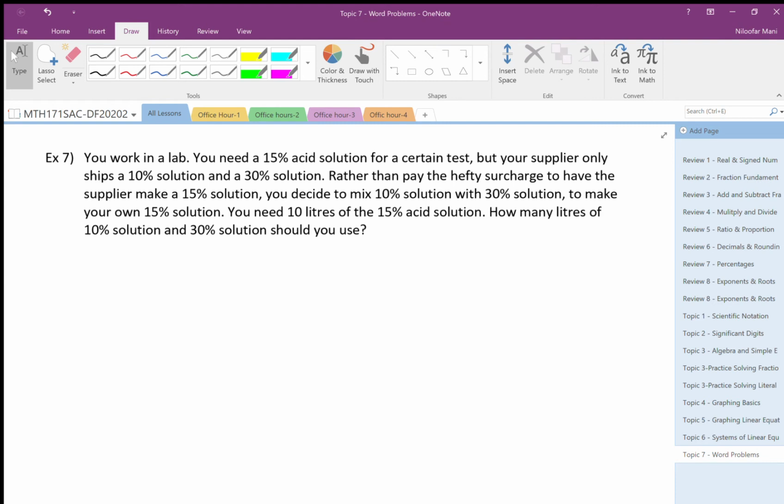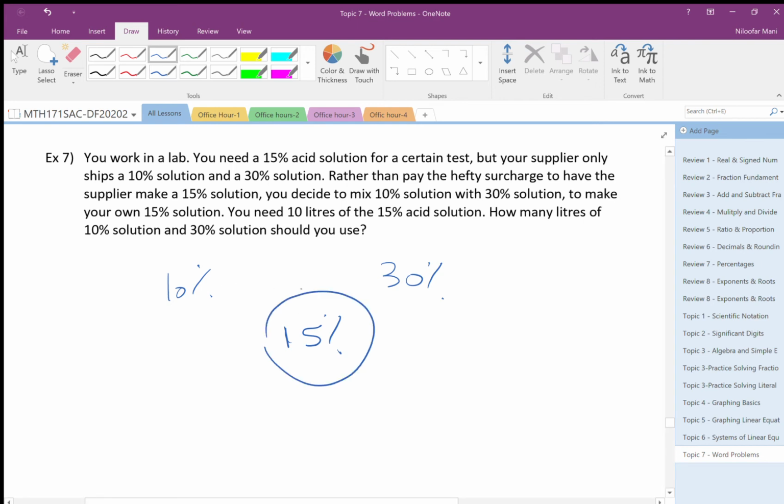First of all, look at here. I have 10%, I have 30%, and I want something in between. Once I asked my student to make a question on their own, and for example, they said they want to mix 15% and 30% to find 10%. Doesn't make any sense. The one that I want must be between these two.